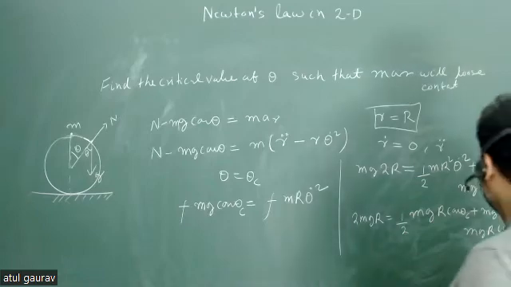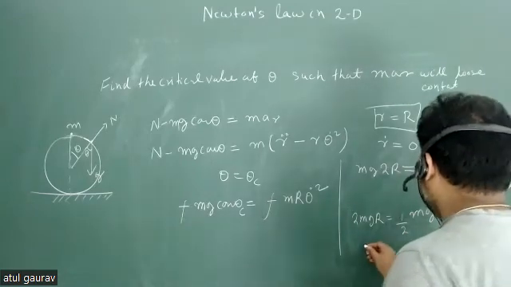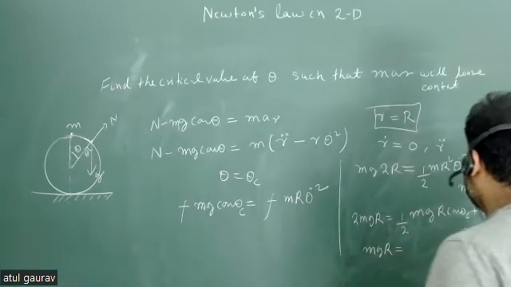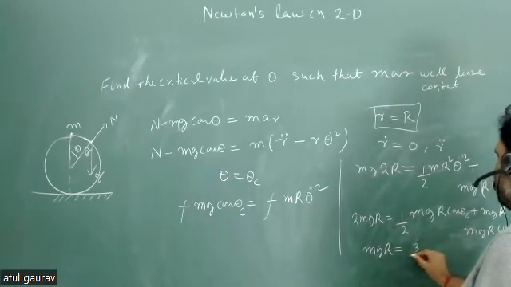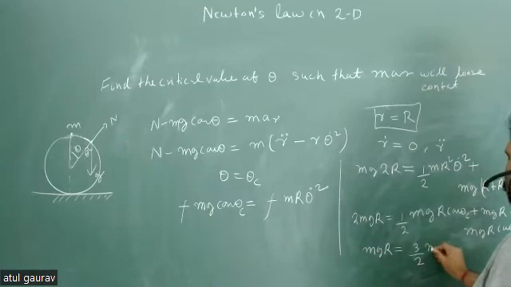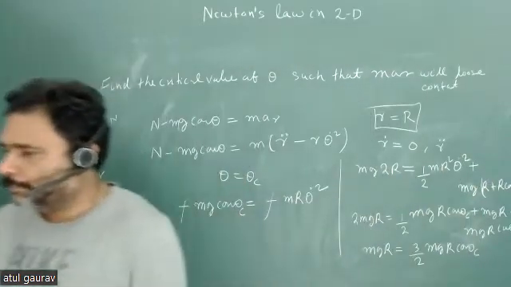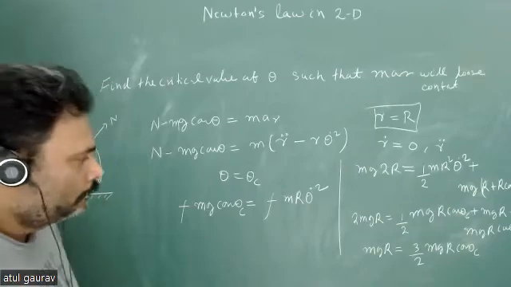And these two things will be added. This will be mgr plus, what will this be? 3/2 mgr cos theta c, isn't it? What is your theta c? Cos inverse 2/3.